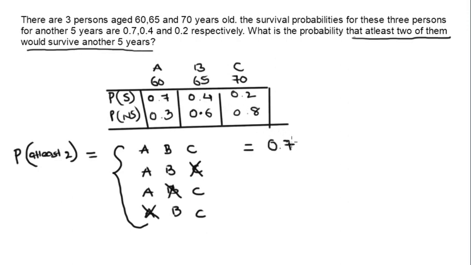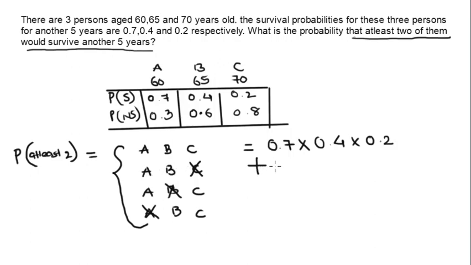A survives and B also survives 0.4 and C also survives 0.2. Or the situation will come into picture, or means plus the situation will come into picture.